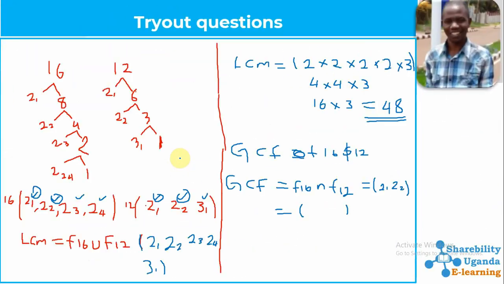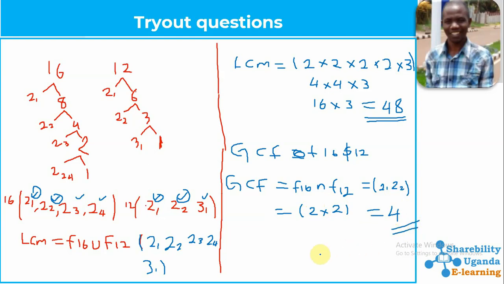Now let's look at how we find the greatest common factor using prime factorization. So here we shall have our 2 times 2. Then we come up with our 4, which is going to be our answer.